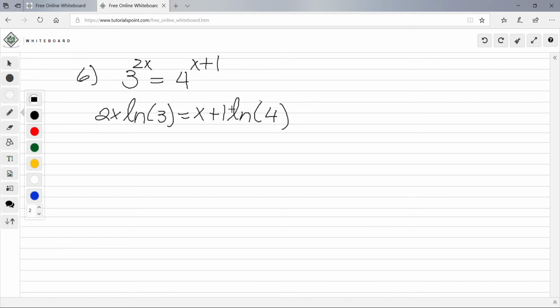Okay, so our goal is to solve for x, right? Let's simplify the right. So this is really saying x ln of 4 plus 1 times ln of 4.